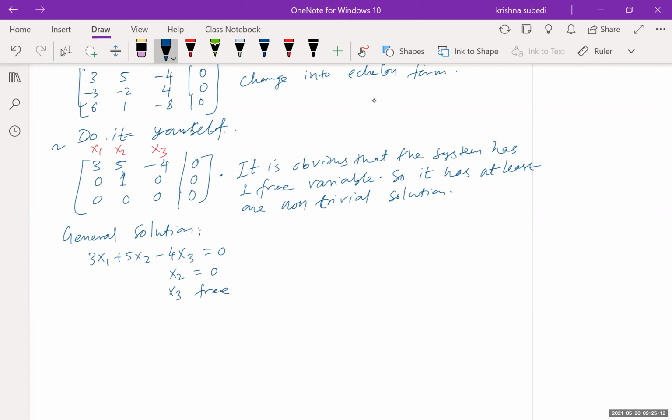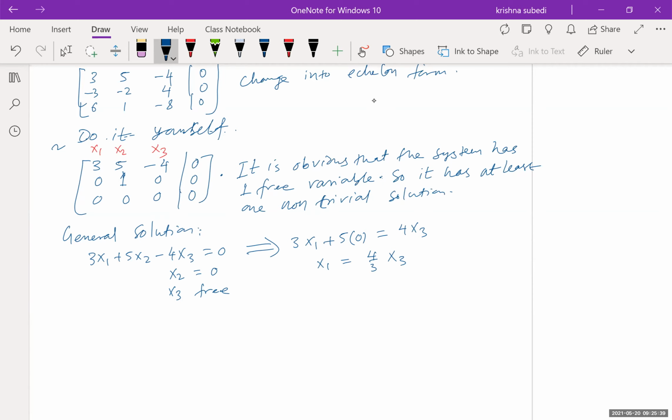Now substitute the value there. So when you substitute the value here, you'll get 3x1 plus 5 times 0 equals 4x3, which means x1 equals 4 over 3 x3. Okay, so x1 is 4 over 3 x3 and x2 is 0 and x3 is free.